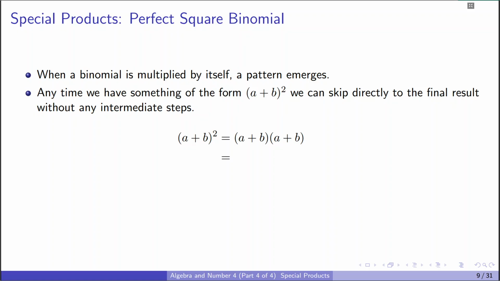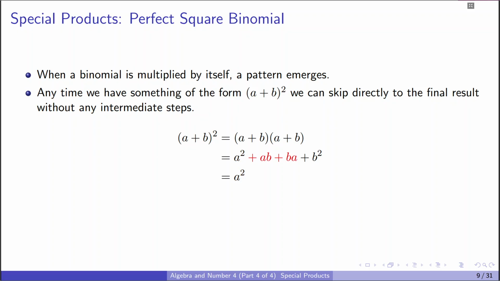So a plus b times a plus b, 2 terms times 2 terms is 4 terms before we simplify. A squared from a times a. We have an ab term from the outside and another ba from the inside before our b squared. In multiplication, order doesn't matter. ba is the same as ab.